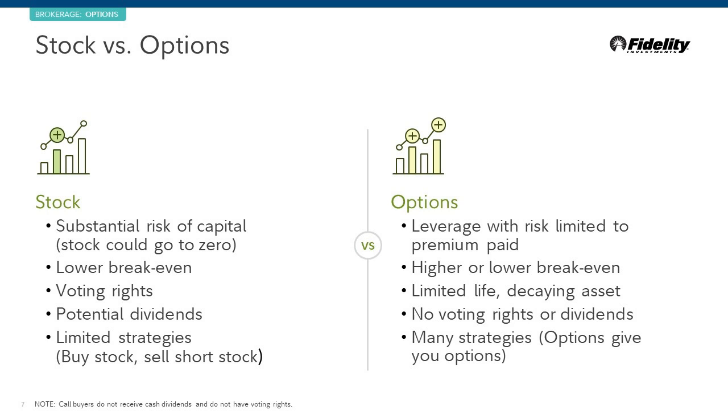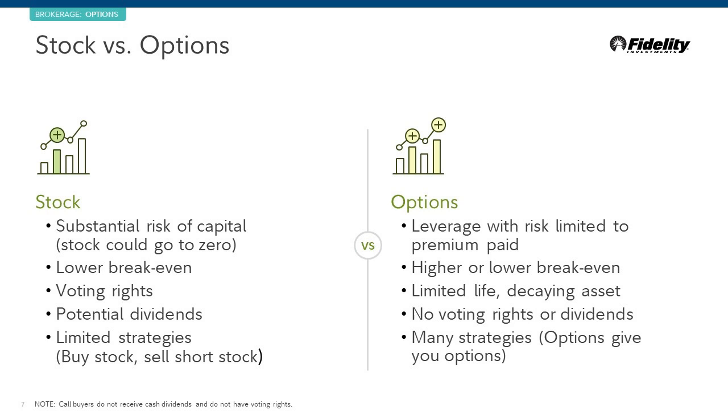Now, when it comes to the different strategies, the different ways you can trade, the beauty of options is the literally almost infinite different ways you can trade risk. You can really tailor everything to your particular outlook. With stock, you're left with just three choices. You can buy stock if you're bullish, and you profit if the stock goes up and lose money if it goes down.